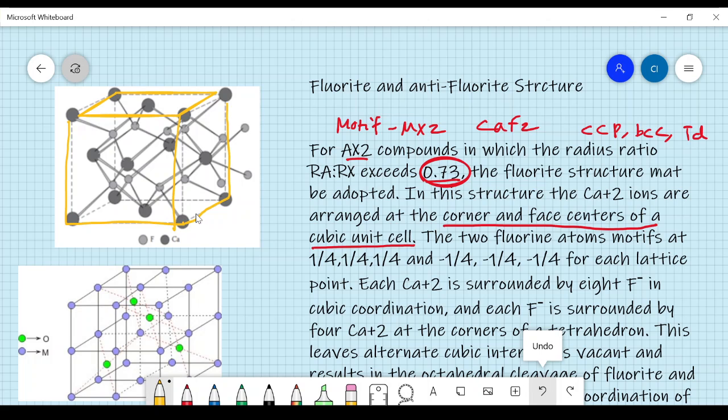That is the cubic cell, and at the corners it is mentioning the corners. So where do we have these corners? Corners and face centers.